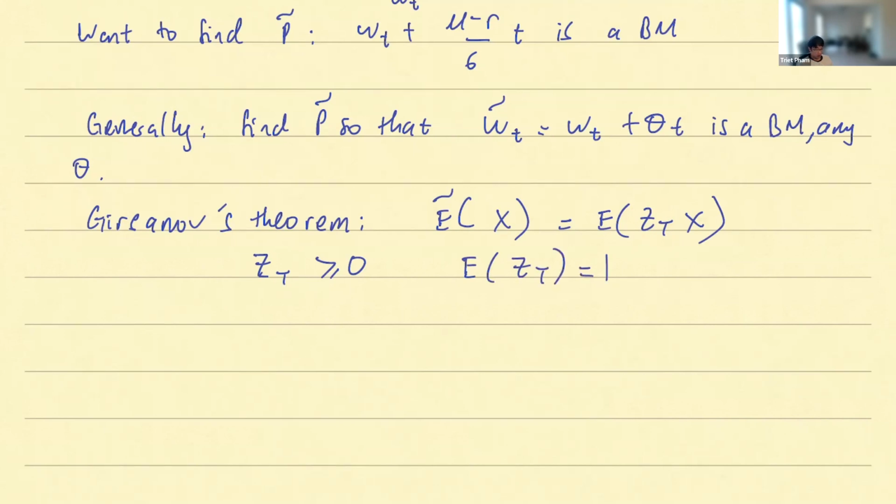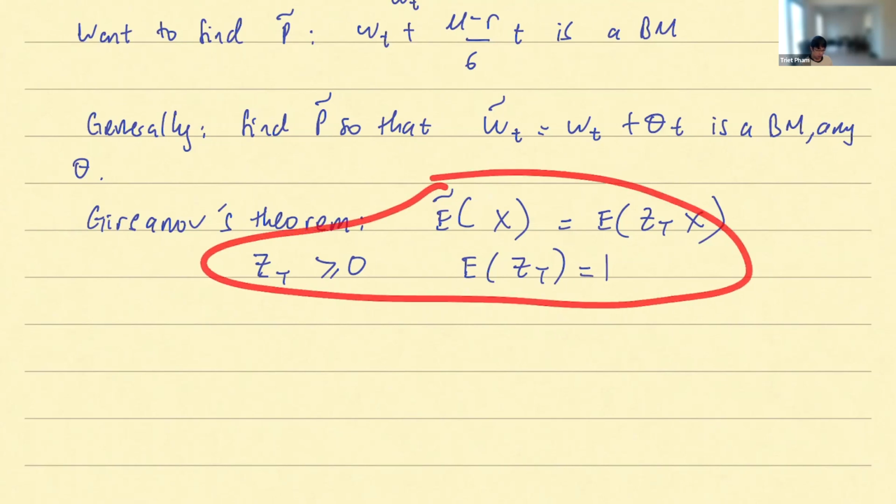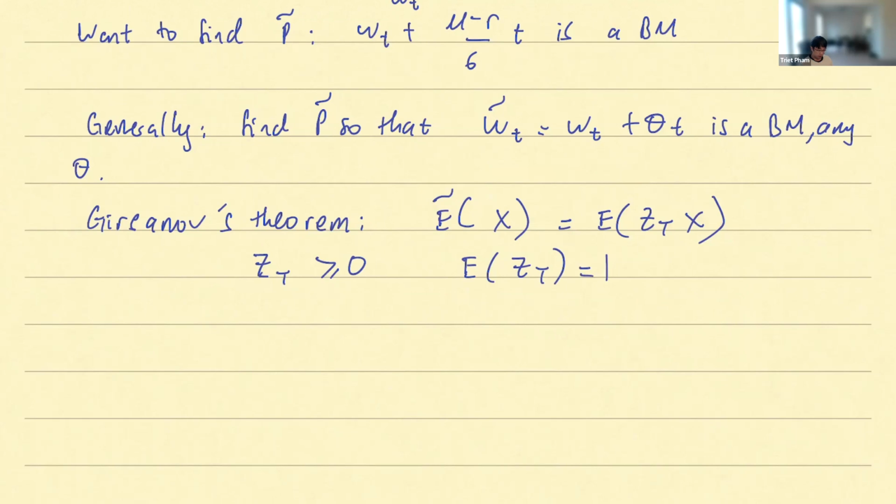Again, do remember that I skip a lot of things here, but the way we do it like this means that we define P tilde on the most general filtration we have in mind, which is the biggest filtration in the future.